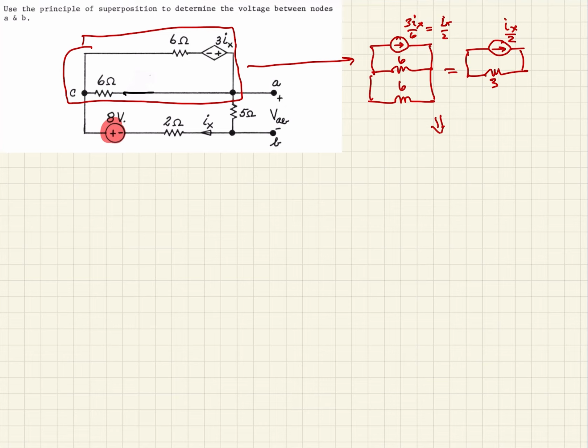And when we do, remember that puts this back in series, 3 ohms, and then our new source is going to go back to this dependent source, and it's going to be plus sign this way, 3/2 ix. So everything you see in the red here will be replaced by this right here.